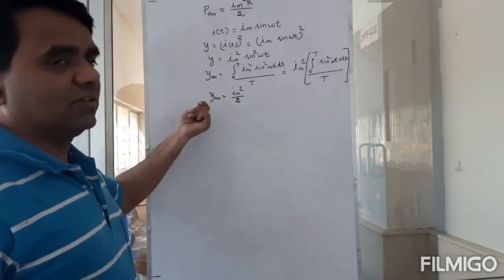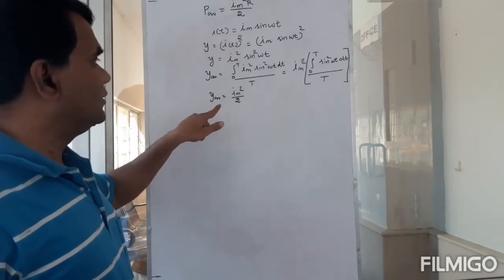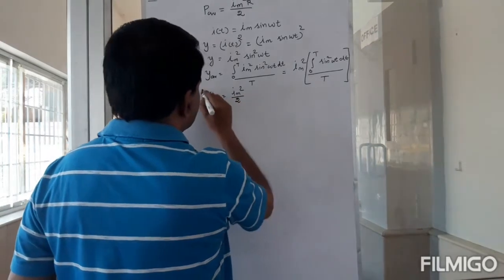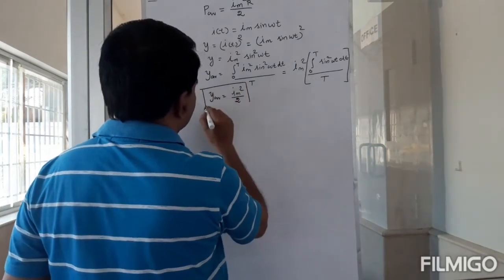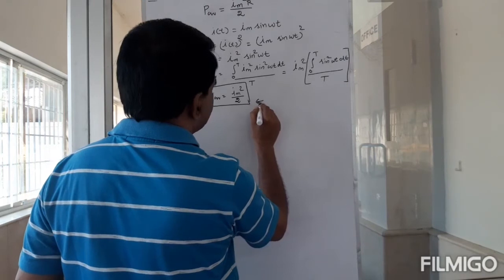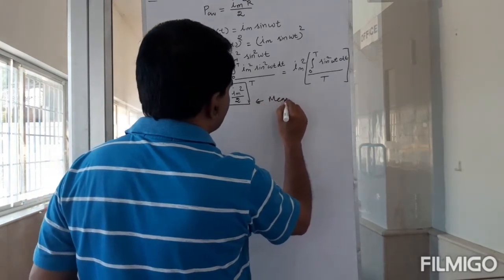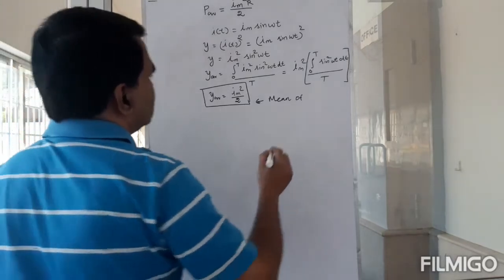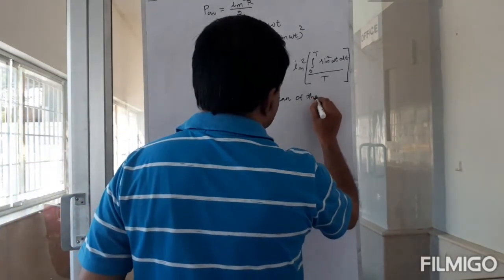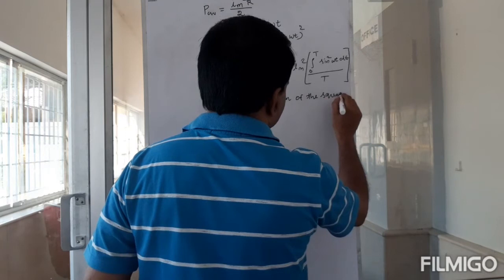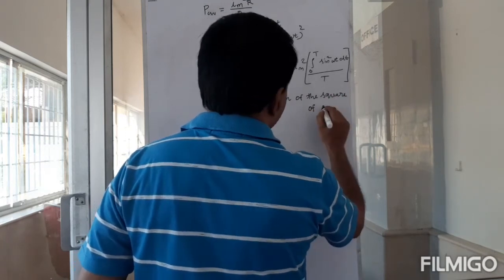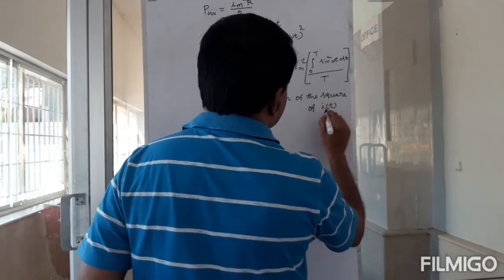So what is this actually? This is the mean of the square of I of t.